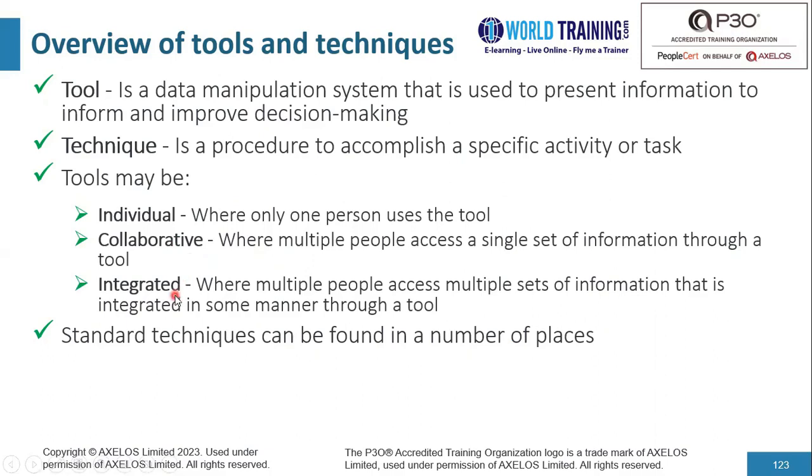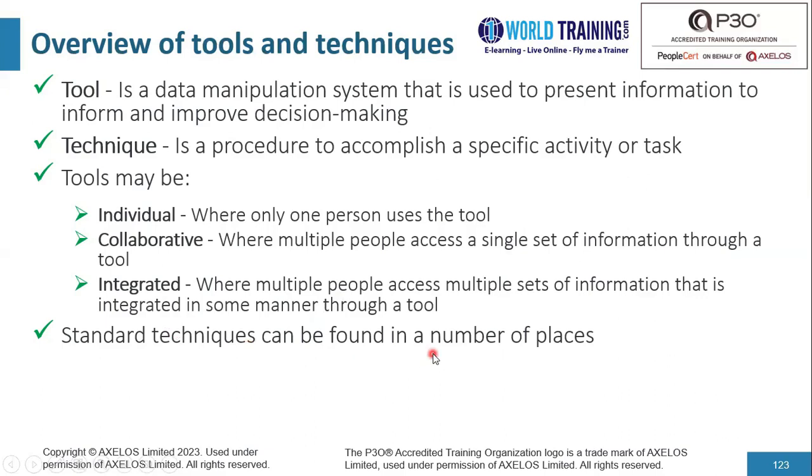And then you have the integrated tools where multiple people access multiple sets of information that is integrated in some manner through a tool. For example, 2 tools could be talking to each other through an API interface. So broadly speaking, all your tools could be broken down as individual, collaborative, and integrated tools. Standard techniques can be found in a number of places.